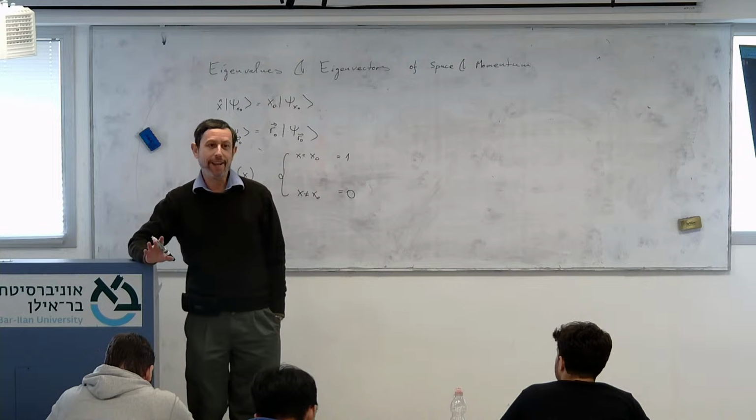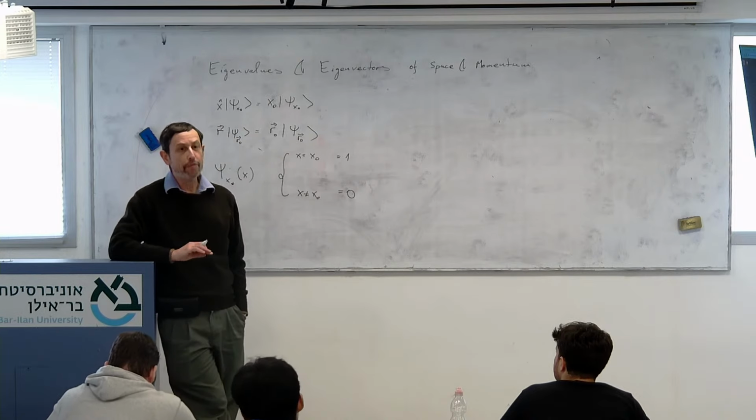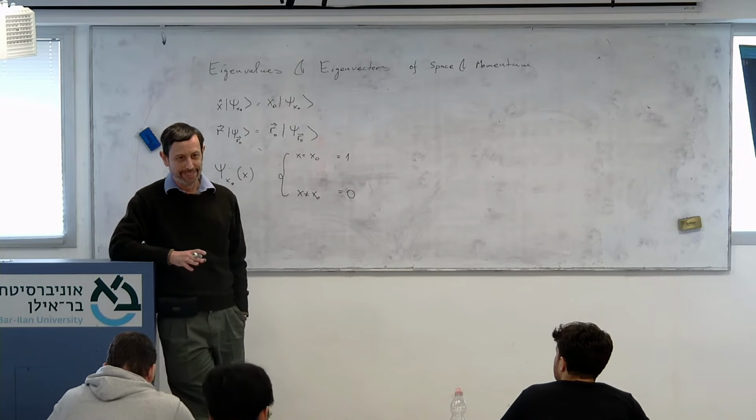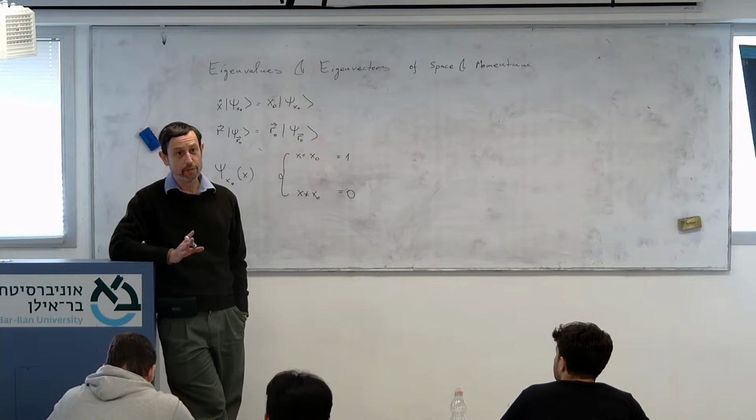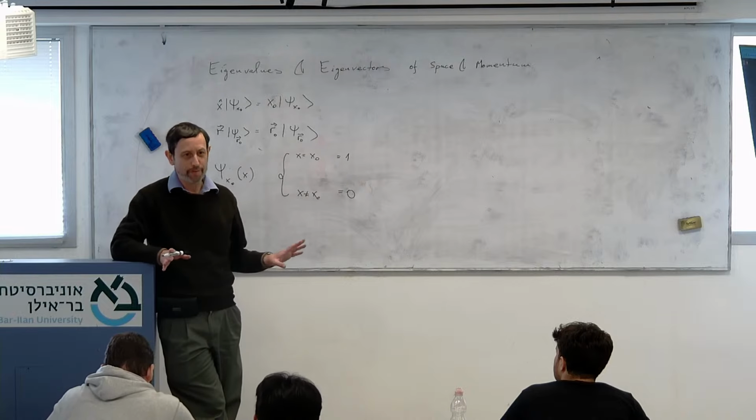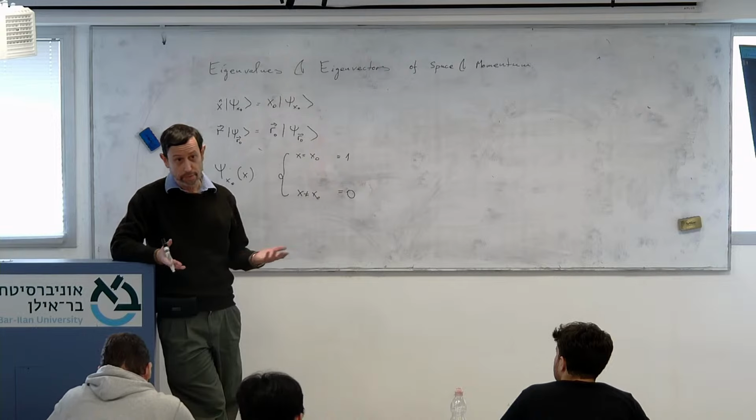Life would be infinitely simpler if space would have been discrete. Then no problem at all, and it's all good.